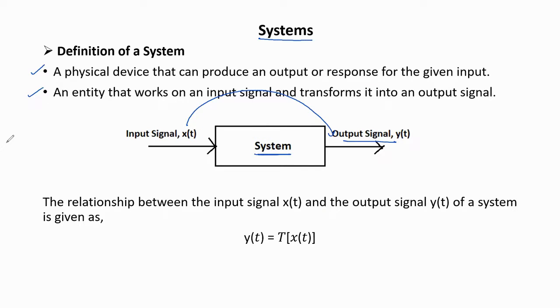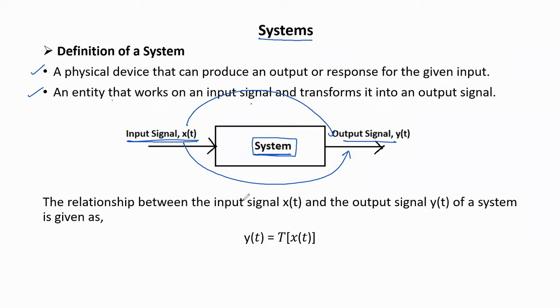The second definition says an entity that works on an input signal and transforms it into an output signal. That means the system is any element or any device which works on input signals and transforms input signals into output signals.